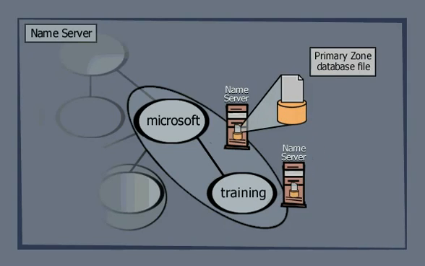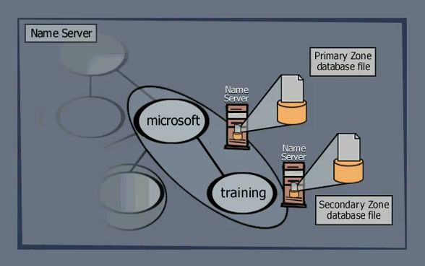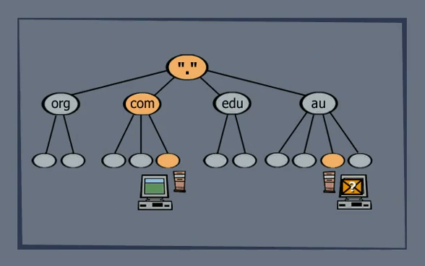Name servers for each zone store either the primary zone database file or the secondary zone database files that contain the name-to-IP address data for that zone. Zone files are kept up to date by the zone transfer process. Name resolution is the process of resolving a fully qualified domain name to an IP address.